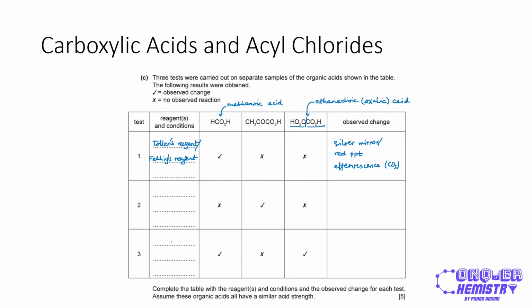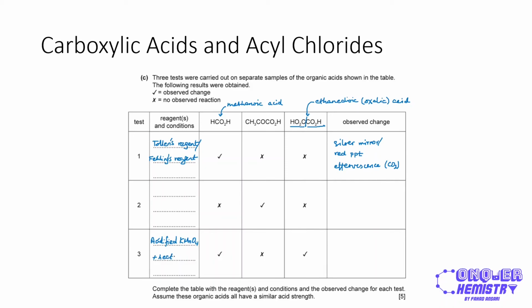And you can see over here that both methanoic and ethane dioic acid are being oxidized. And so that basically means we're going to use a stronger oxidizing agent such as acidified KMnO4, right? And normally with KMnO4, we will need to use some heating as well.